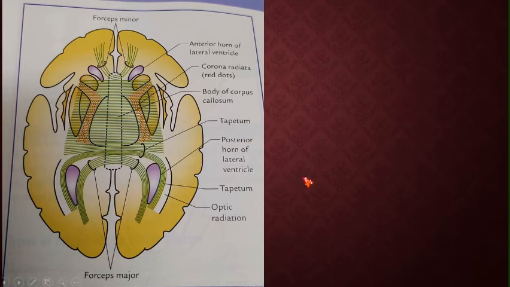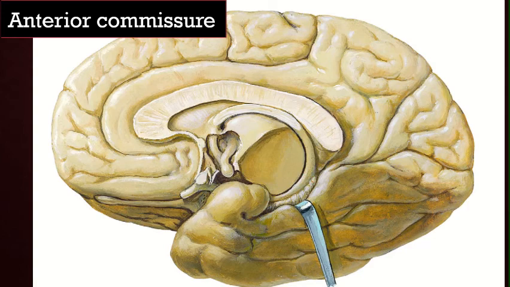Next, other commissural fibers are the anterior commissure. The anterior commissure is a small round bundle of white fibers which crosses the midline in the upper part of the lamina terminalis. Here can you identify this rounded bundle?